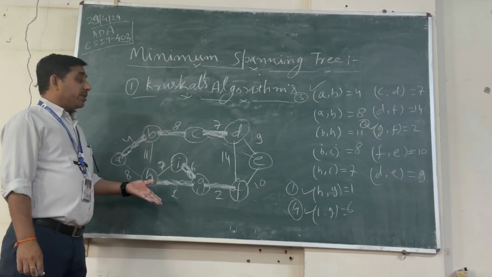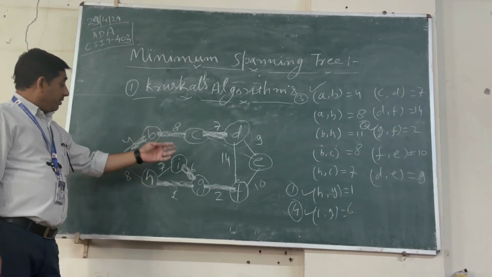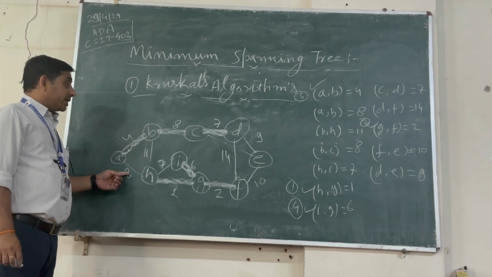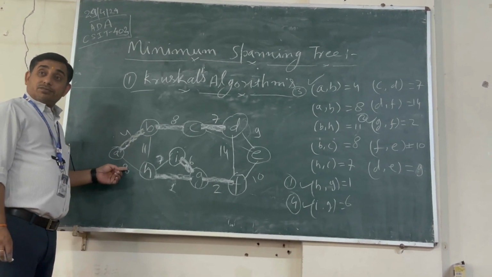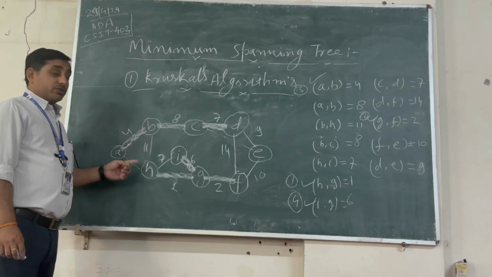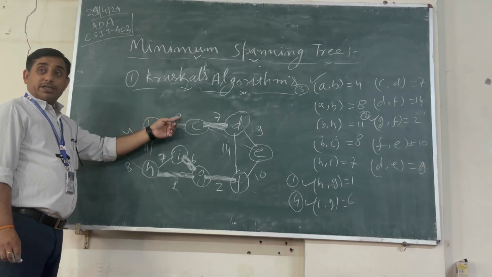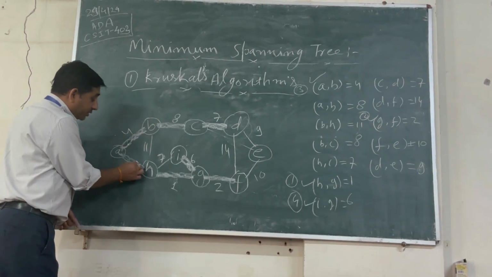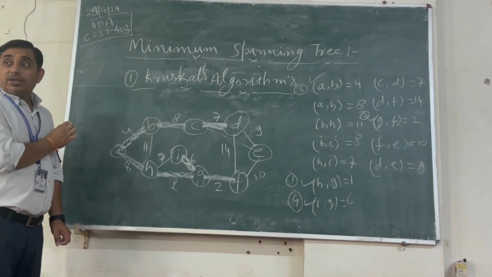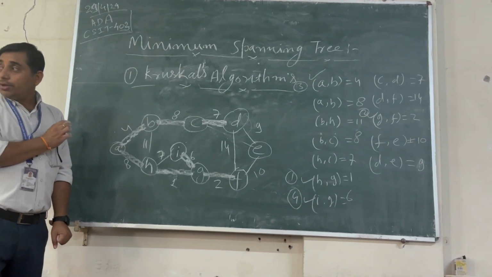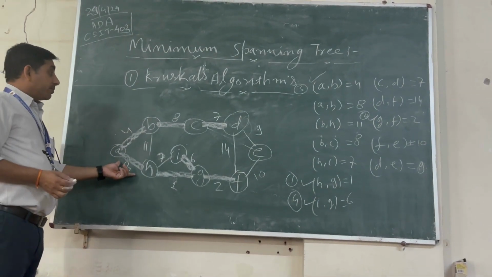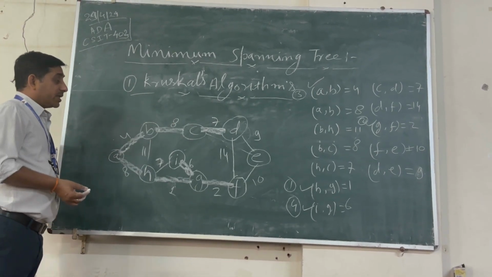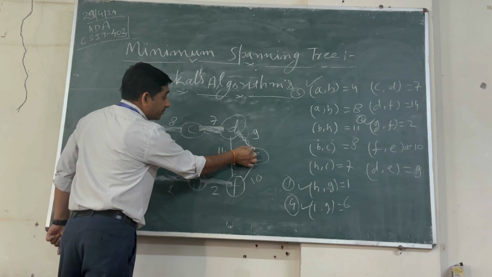And the next minimum edge is again 8, here there is one 8 present, and both are eligible. So first we can select this one. So next time we'll select this one because there is no closed loop possible. Okay. So next one is the 9. We'll select this one, 9.